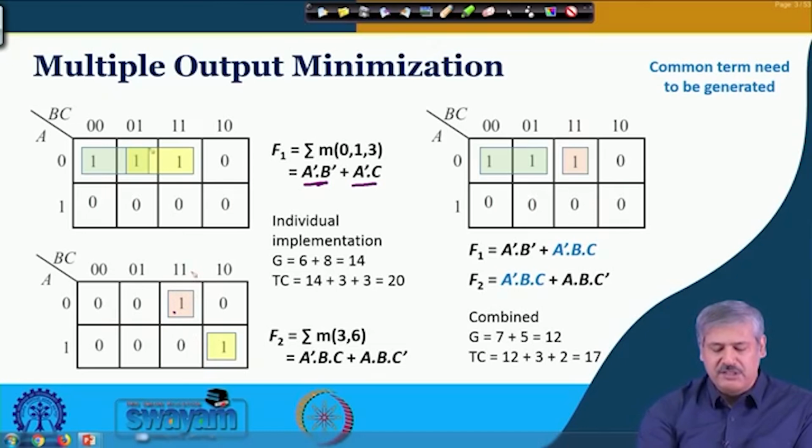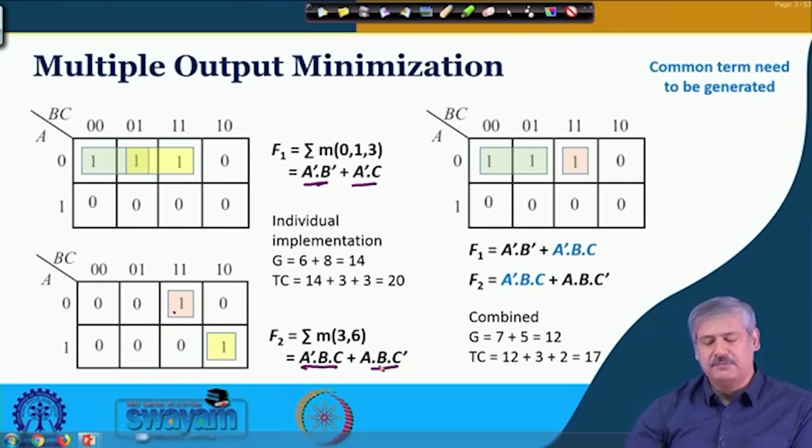this is to be realized, but this term is not there in the other case as a prime implicant. It is already covered by one of the terms, A prime C, right. So, individually, if you realize these two terms and calculate the gate count cost, for the first one, 1, 2, 3, 4 and 5, 6, and for the second one, 1, 2, 3, 4, 5, 6 and 2 terms, 8.